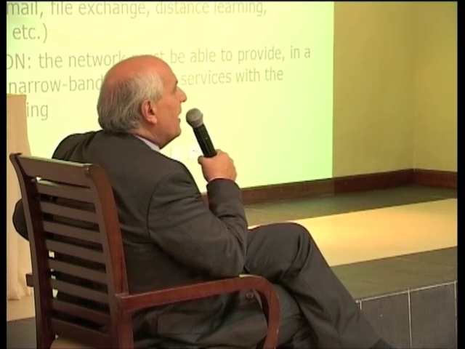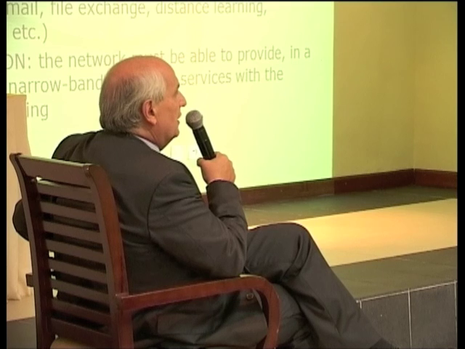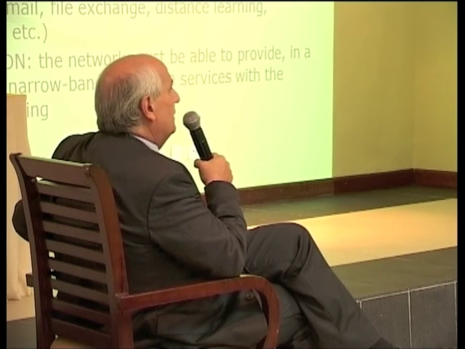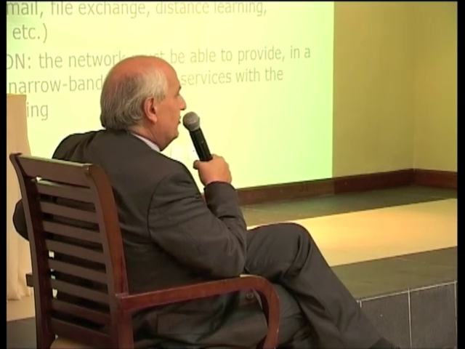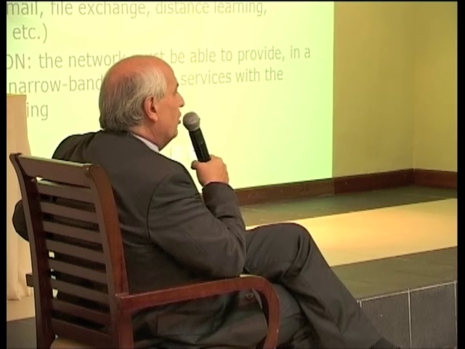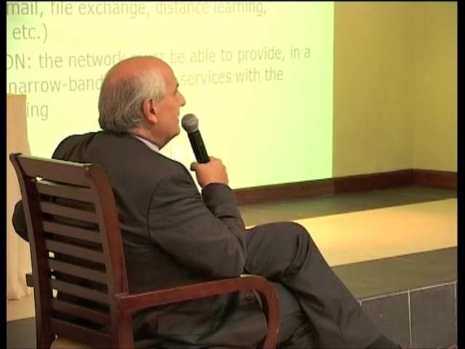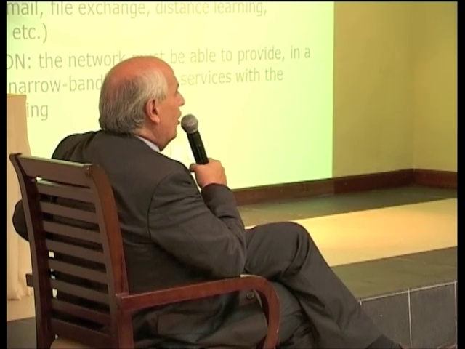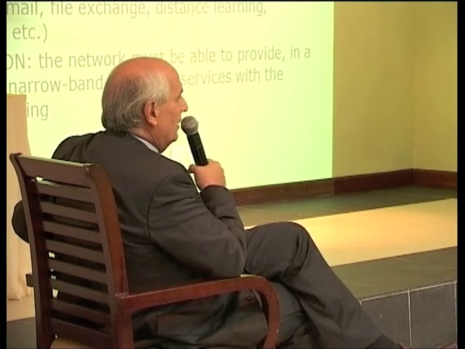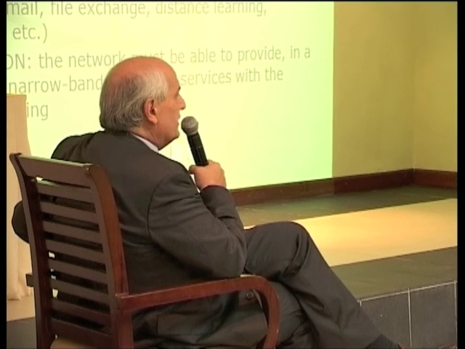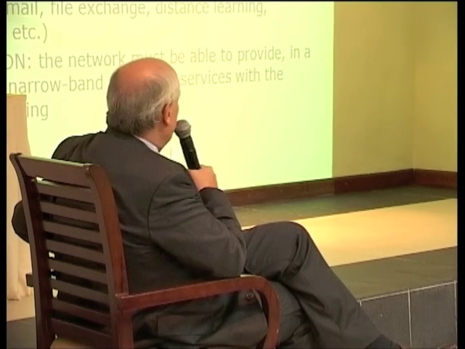This is, for example, the situation with some newcomers, with some operators that joined the market a few years ago, and they started building their network according to the rules of an IP network. They offer telephony, but it's voice over IP telephony.